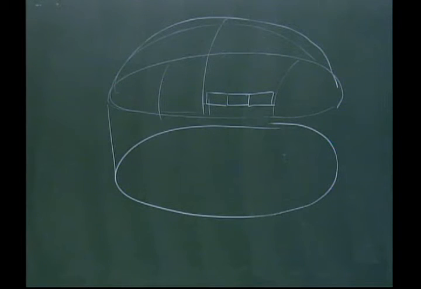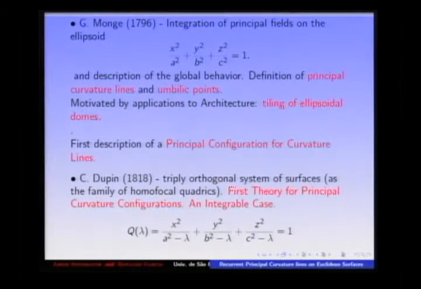This is the era of concrete without iron. I don't know what is the specific name for this. And so there was an architecture problem in the mind of Monge.